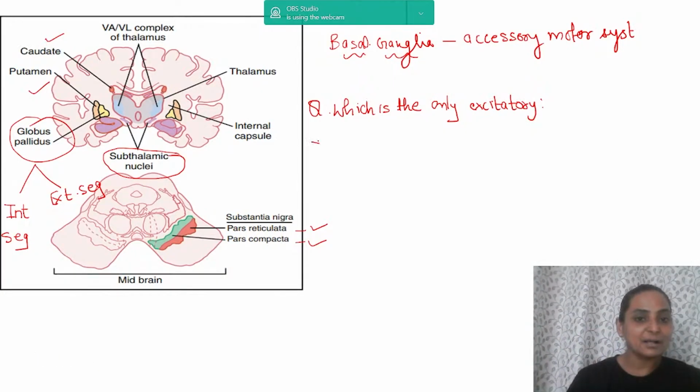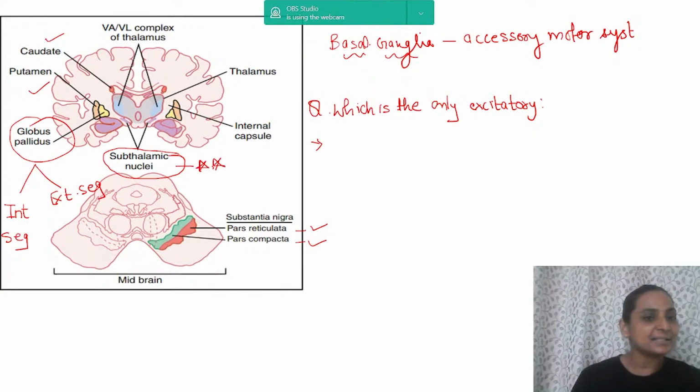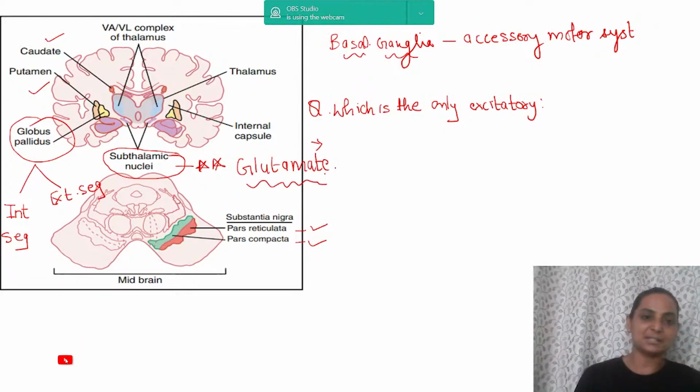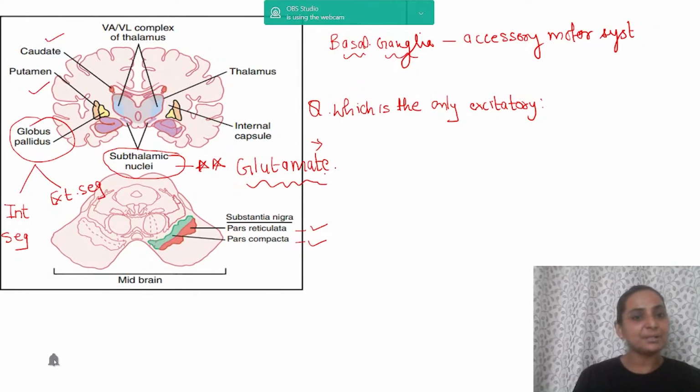Yes. So the correct answer is the subthalamic nucleus. Rest all of them are inhibitory. The subthalamic nucleus's neurotransmitter is glutamate, right? So the excitatory nucleus is the subthalamic nucleus with the neurotransmitter glutamate.